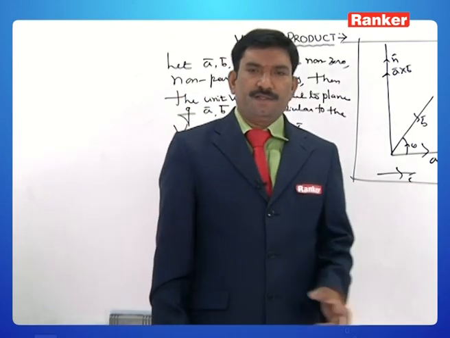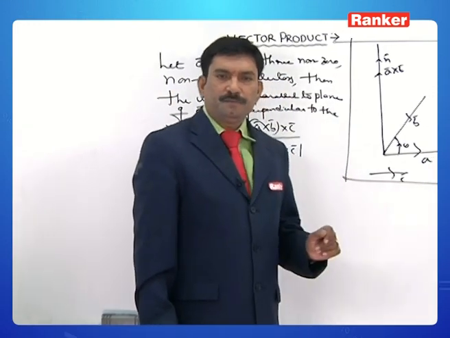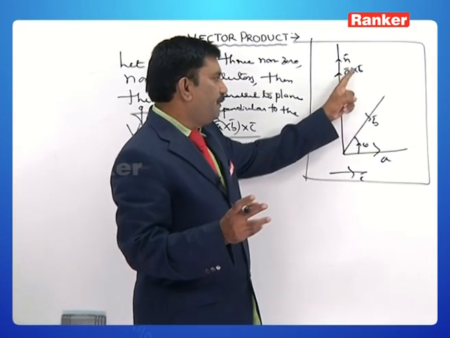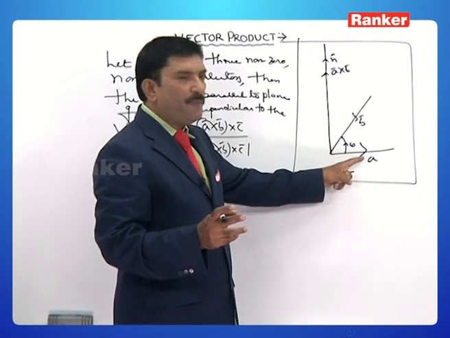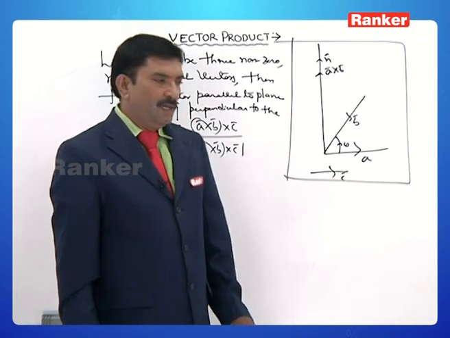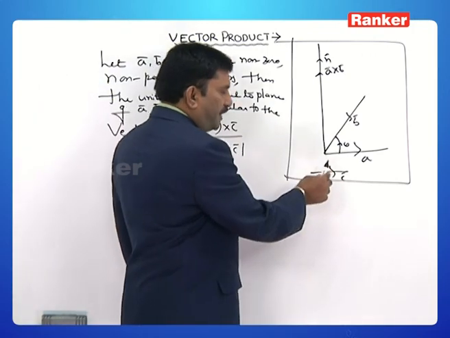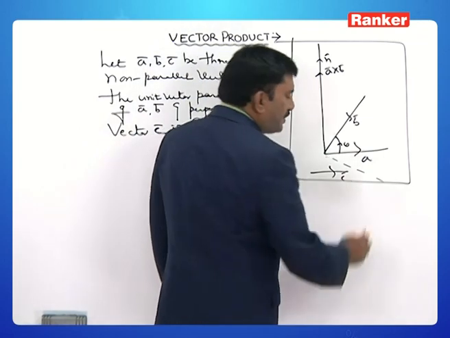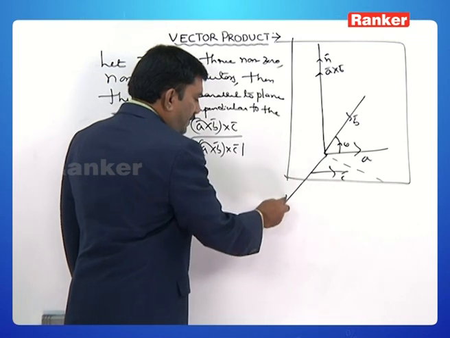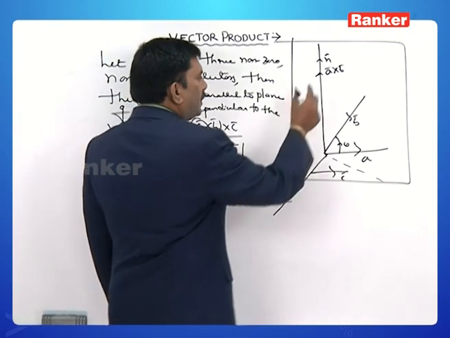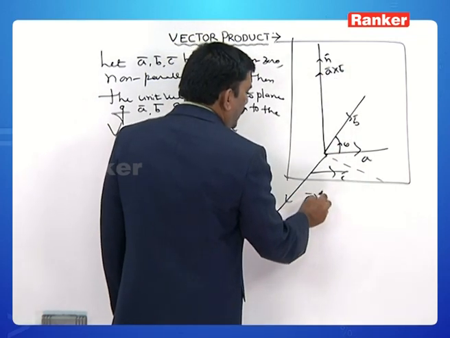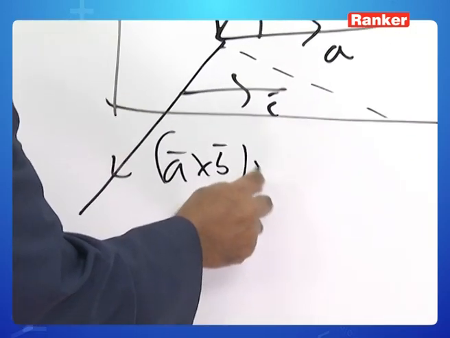Let us analyze this. By definition of cross product, A cross B is the vector which is perpendicular to both A bar and B bar. Then you define a cross product, the cross product of A cross B and C bar. I can write A cross B cross C bar.